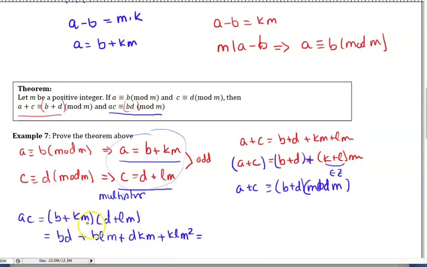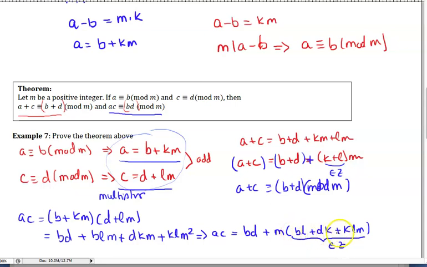Now we want to rewrite this as ac is equal to bd plus m times an integer, because that's the format that we need to show that they're congruent. So if I factor out an m, I'm going to get bl plus dk plus klm. Don't really care what's in here. What we care is that this is an integer.